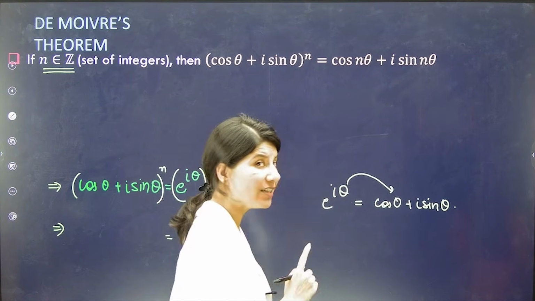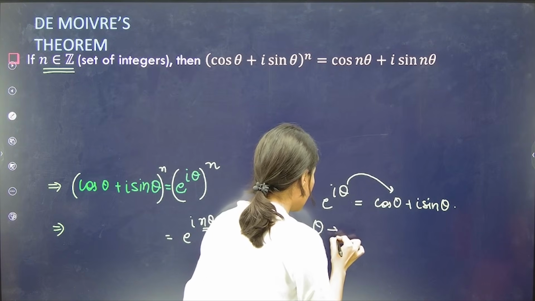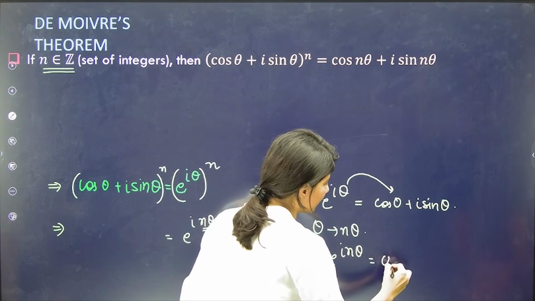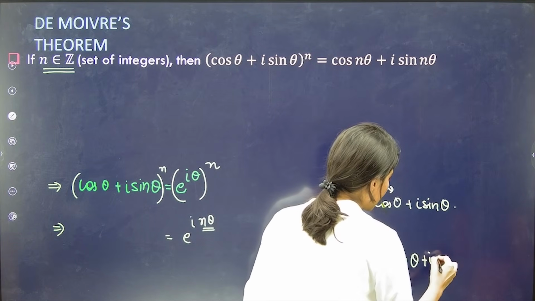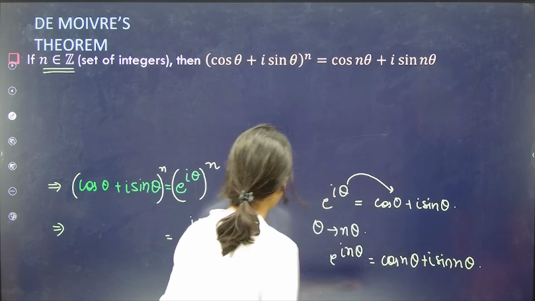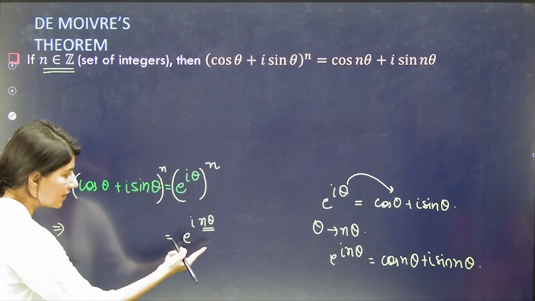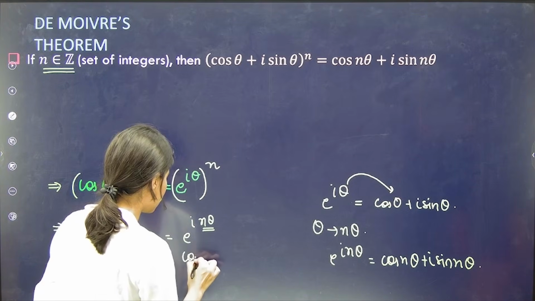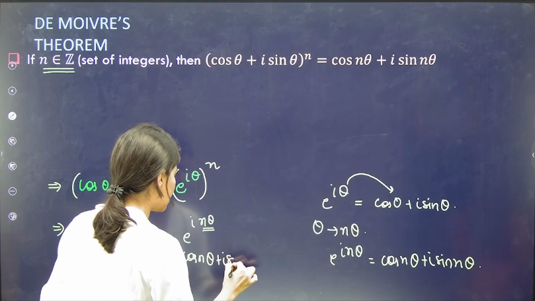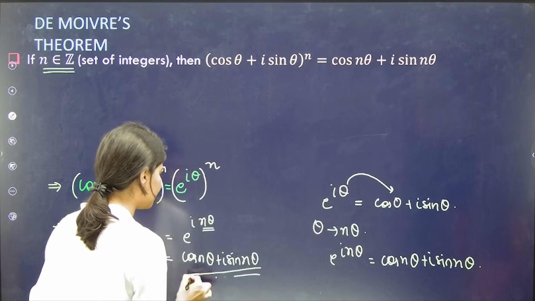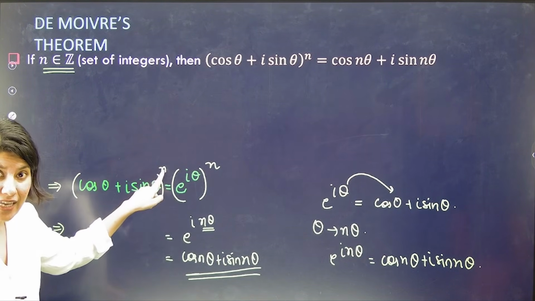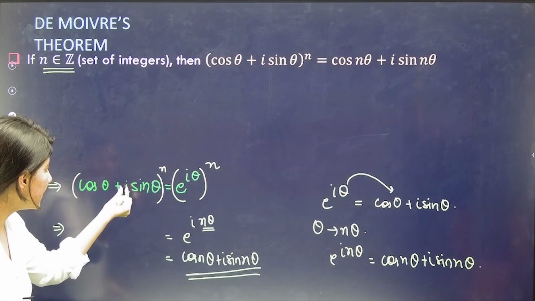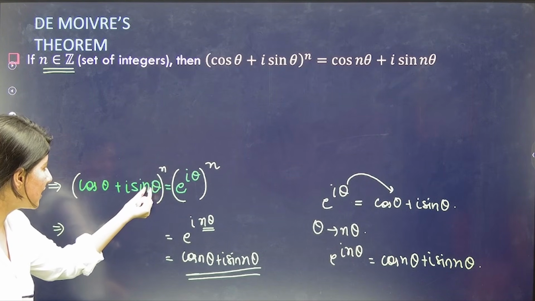So if I replace this theta by n theta, what will I get? E raised to power iota n theta is equal to cos n theta plus iota sin n theta. Basically, this power n, with the help of Euler's identity, we can take inside, so n will get multiplied with theta.